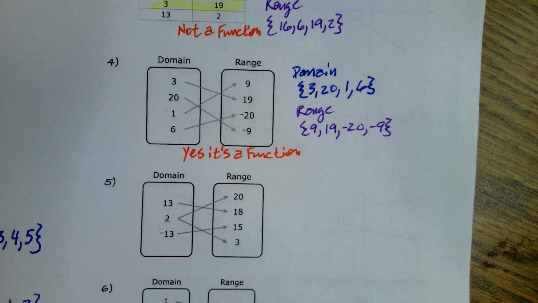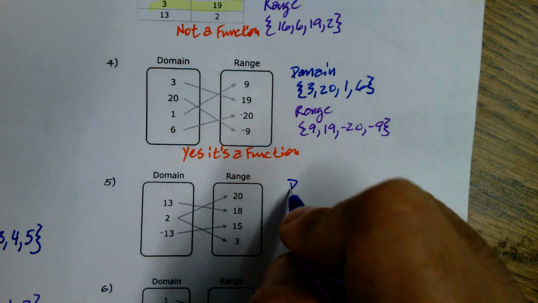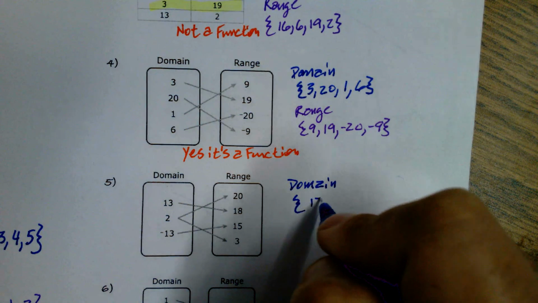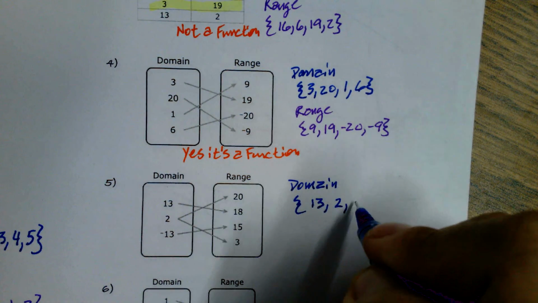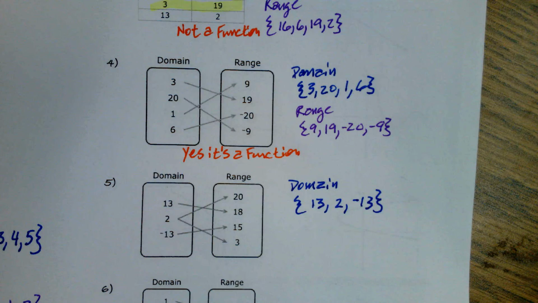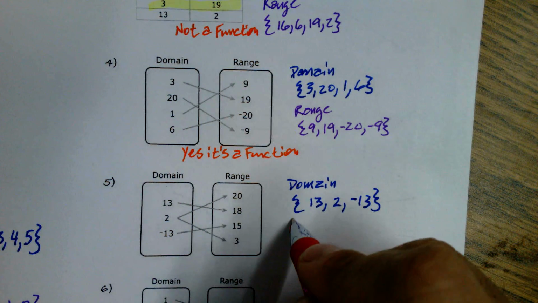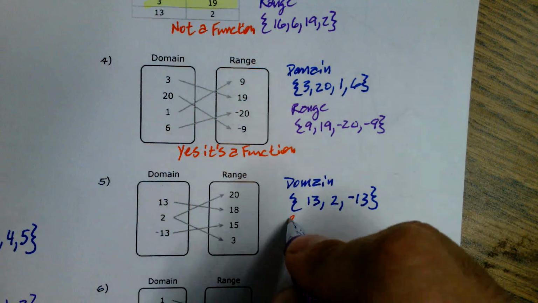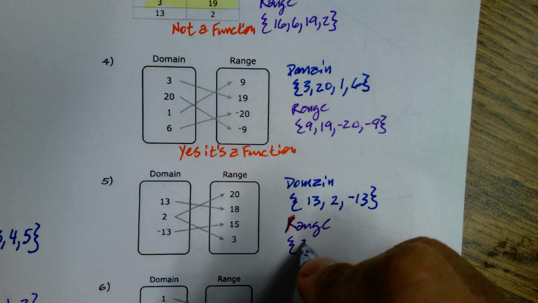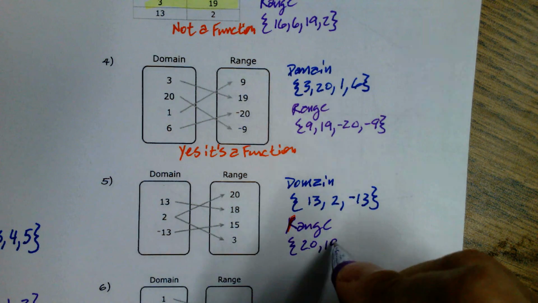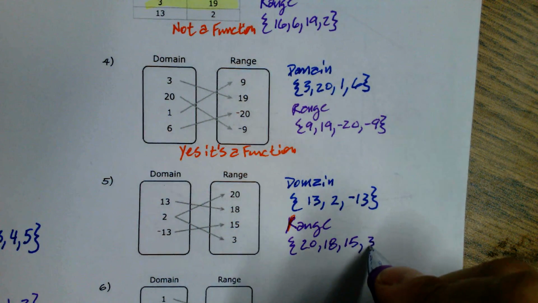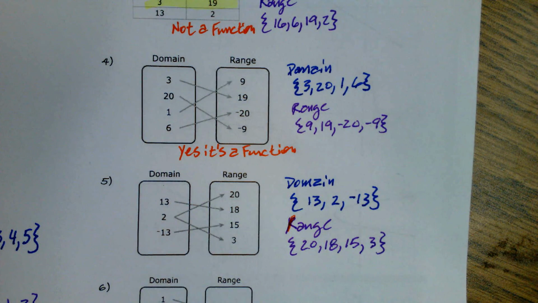Okay, so let's just move on to number 5. Domain. -13, 2, -13. Range. Oops, wrong color. -20, 18, 15, 3. Okay.